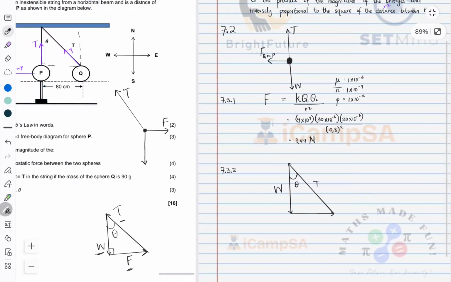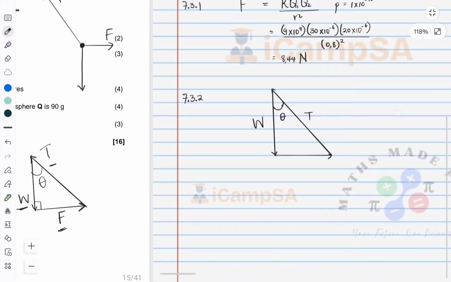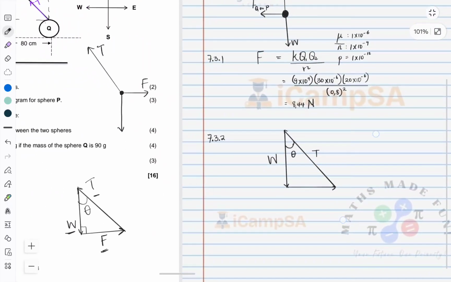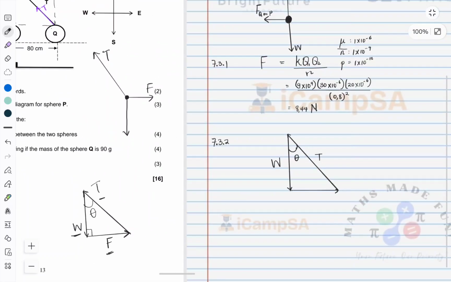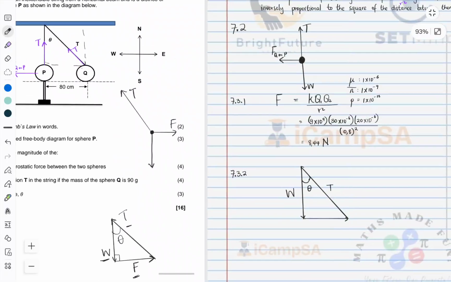So we can comfortably use this diagram. This is called a closed vector diagram. It's only for objects or systems that are in equilibrium. If you remember the first topic in grade 11, which is vectors, you had to draw something like this for special cases where the object is in equilibrium. So we can also use it here to find our tension in the string.